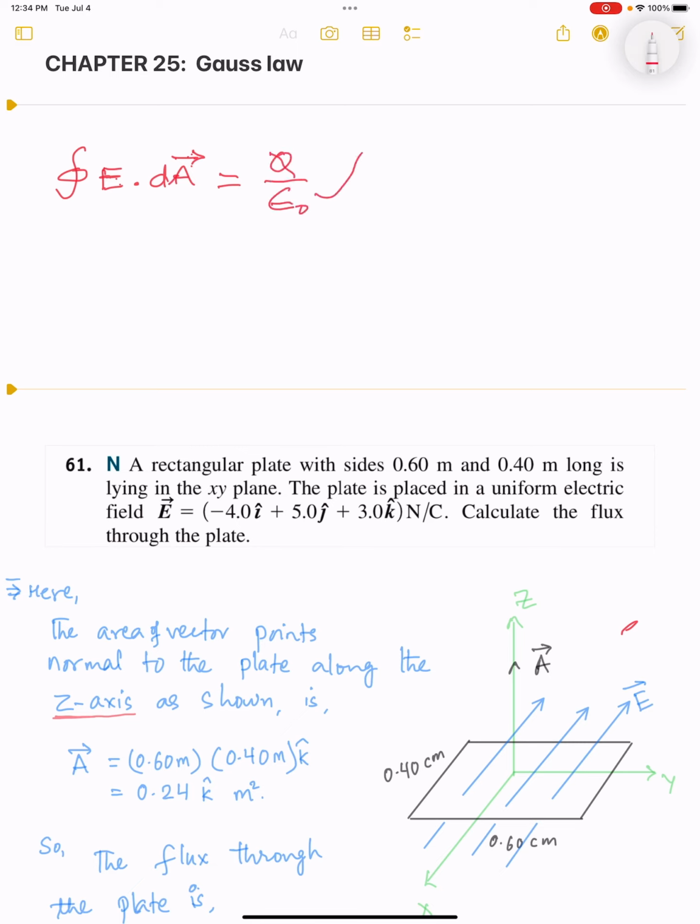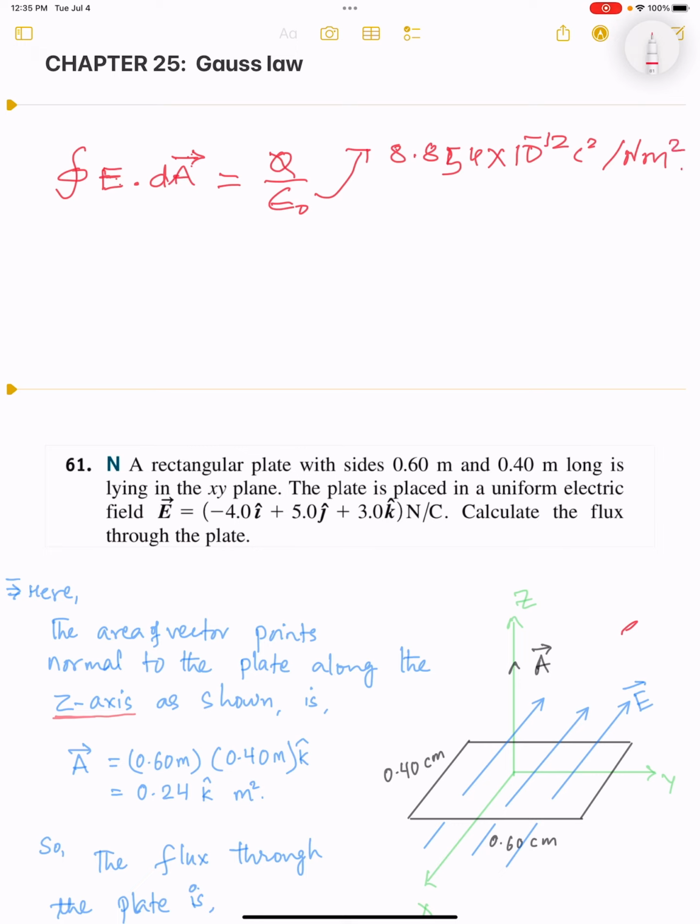So this epsilon naught is the permittivity of free space, and its value is 8.854 times 10 power minus 12 Coulomb square per Newton meter square.